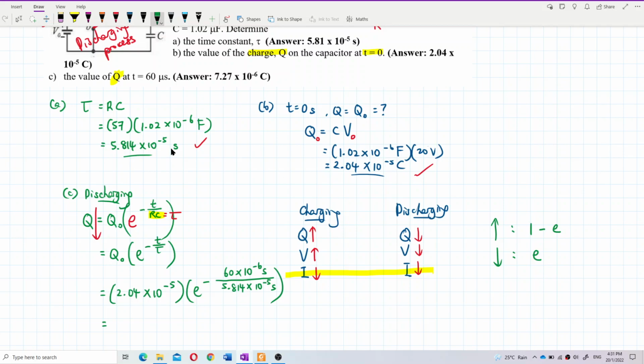Okay, my answer is 7.27 exponent negative 6 coulomb. Is that right? Yes, that's the answer, 7.27 exponent negative 6 coulomb. That's correct.